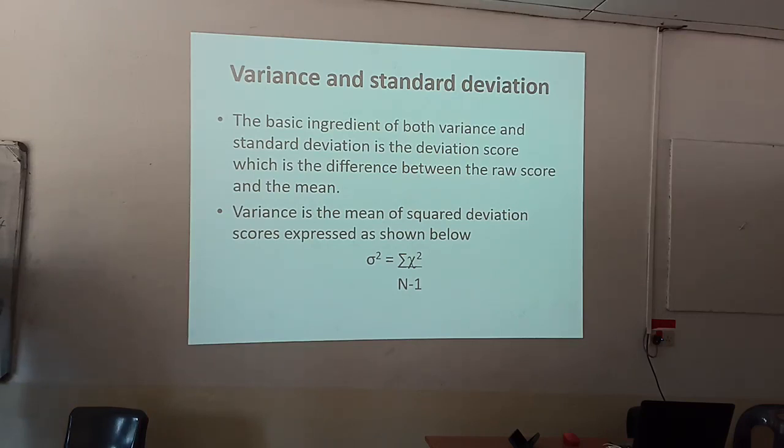Okay? Is that making sense? We took 88 minus 64. What we are doing is to measure the distance that 88 is falling from the point of reference, and that is what is referred to as a deviation score.